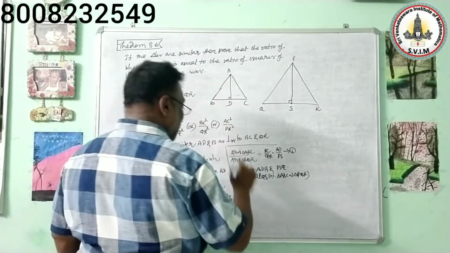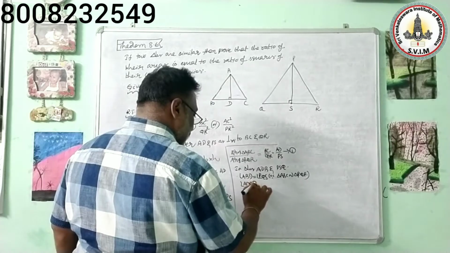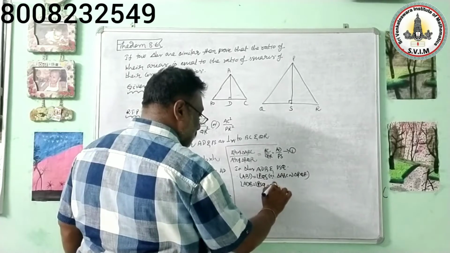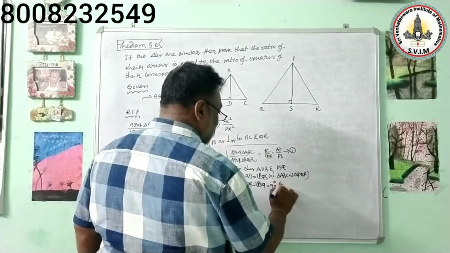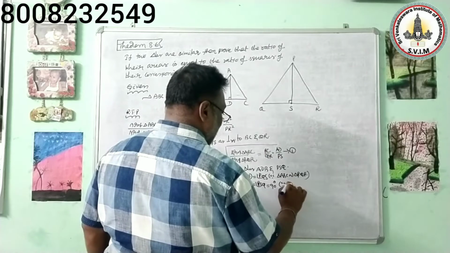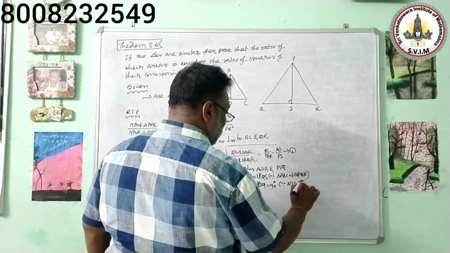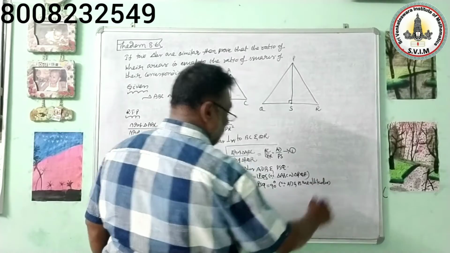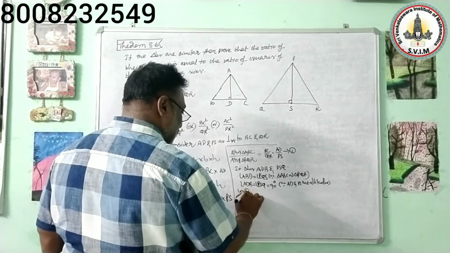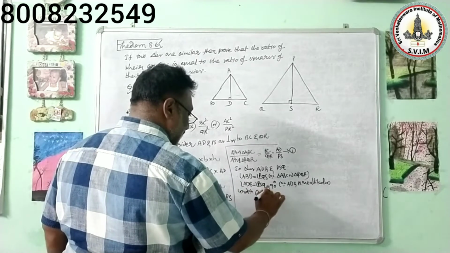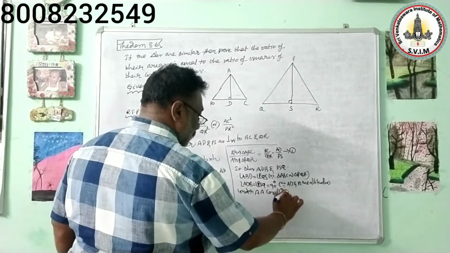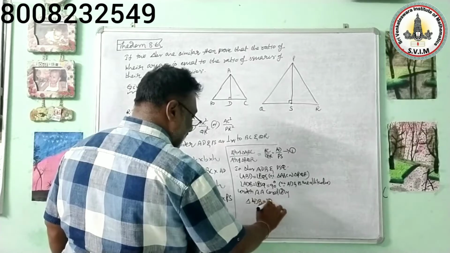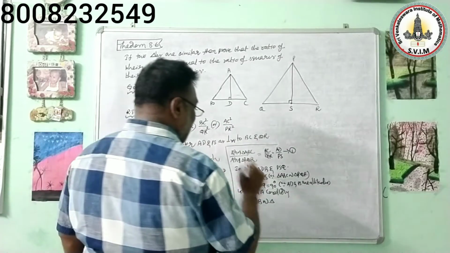After that, angle ADB is equal to angle PSQ, which is equal to 90 degrees. Here AD and PS are altitudes. So under the AA corollary, triangle ADB is similar to triangle PSQ.